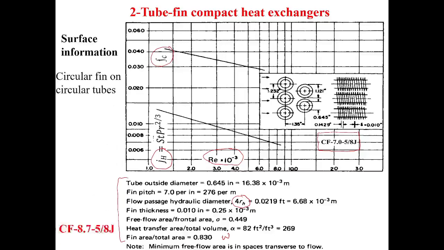This is, as we said, for a certain surface designated by certain letters and numbers, which is CF-7.7-5. I'm sorry, this should be 7.7-5 over 8 J surface.